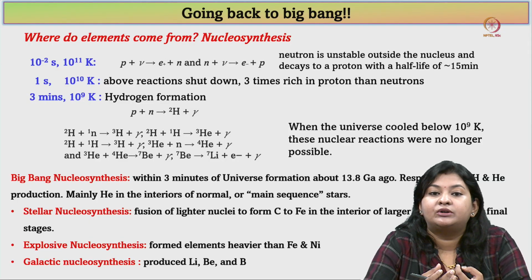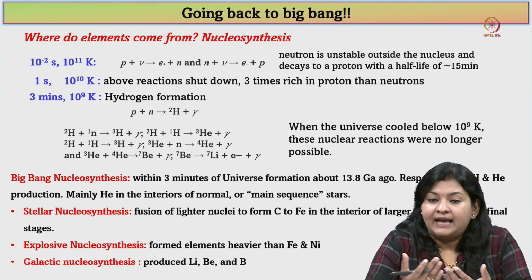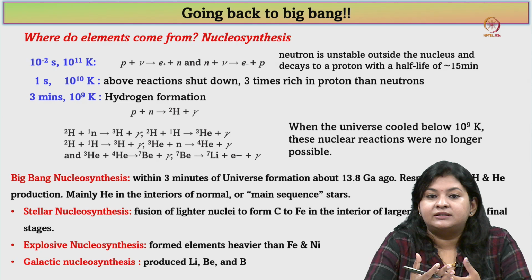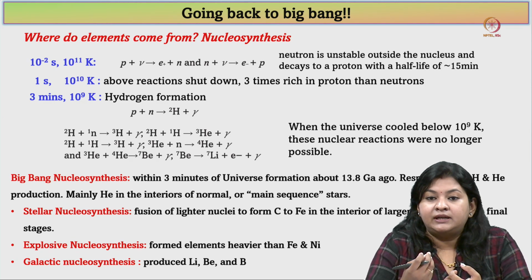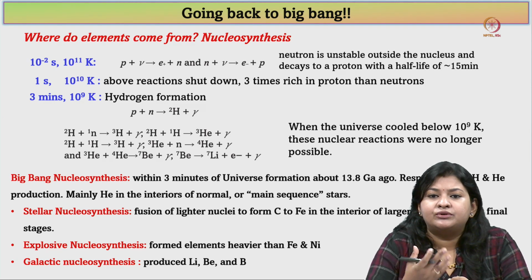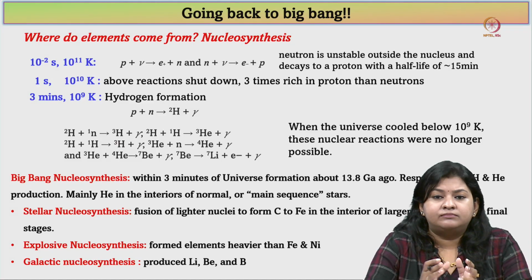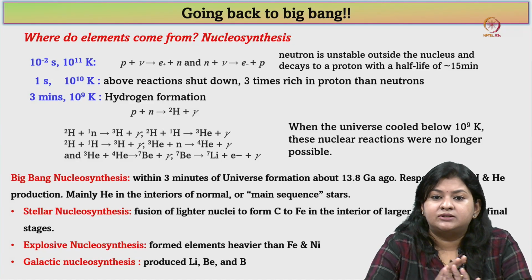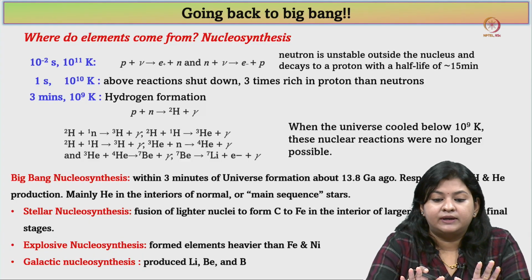So, just subatomic particles were there, and they were also constantly forming. The electrons were getting formed, the neutrons were getting formed. So, subatomic particles just started forming.